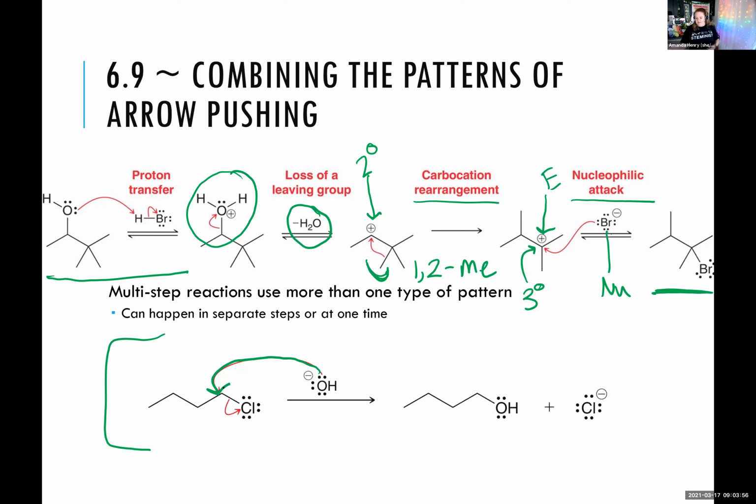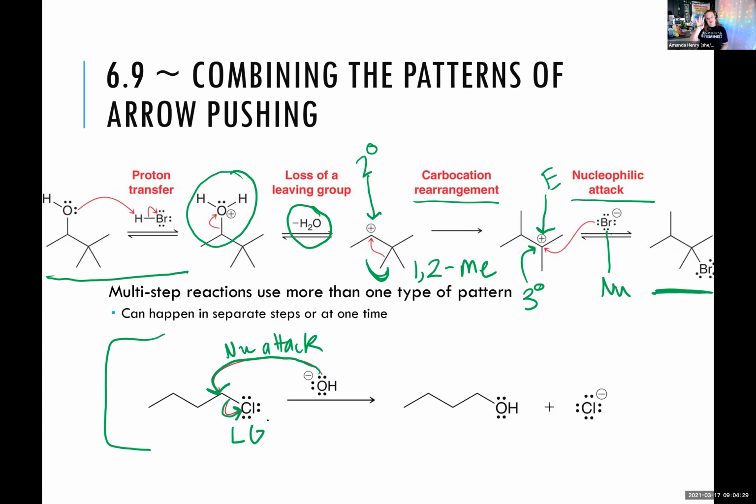What kind of mechanism step do you think that is? It is a nucleophilic attack. And then the second thing that's happening right there, what kind of step is that one? Proton transfer. So that one's not a proton transfer. There's no hydrogens there. Loss of leaving group. Perfect.